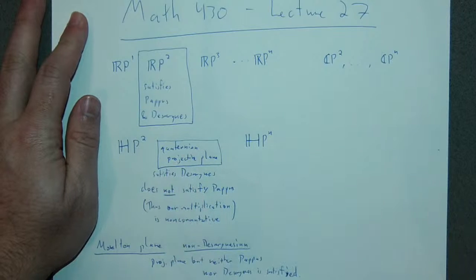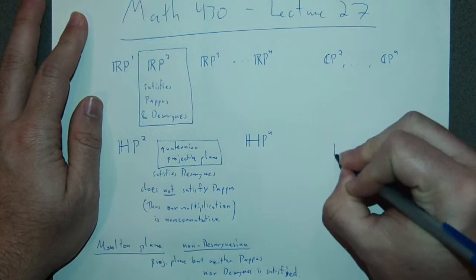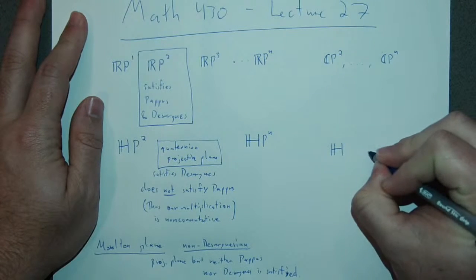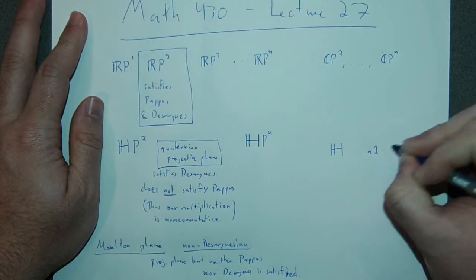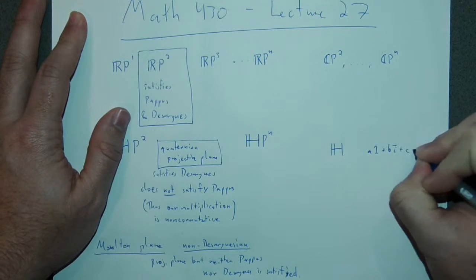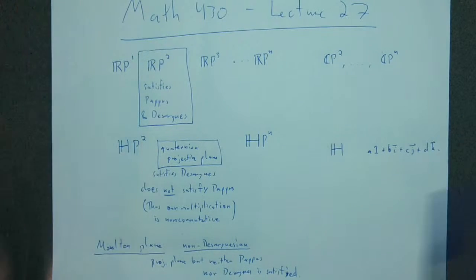So just like we constructed the quaternions, recall for a second, these quaternions involved numbers that looked like A times 1 plus B times i plus C times j plus D times k, where these i, j, and k you can think of as being like the i, j, and k from Calc 3, from space, the standard basis vectors.